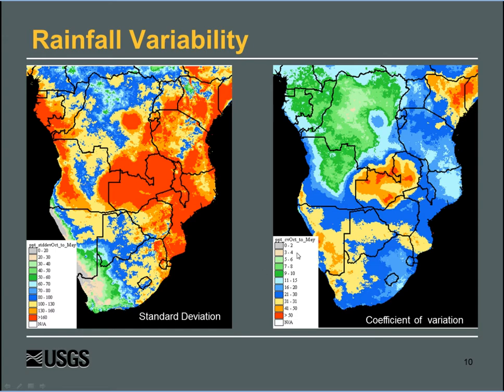But when we look at the standard deviation in relation to the mean, which is the coefficient of variation, we see that the percent coefficient of variation for our region in Angola is very low compared to the region in South Africa. So we see that the region in Angola is very stable, while the region down in South Africa is not so much.